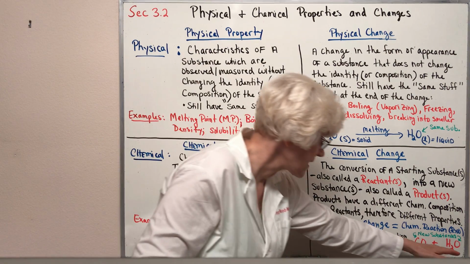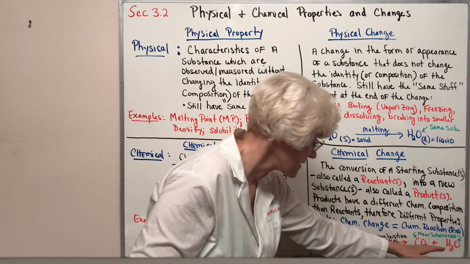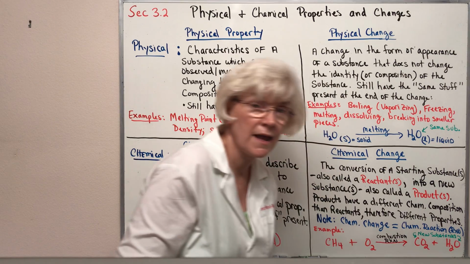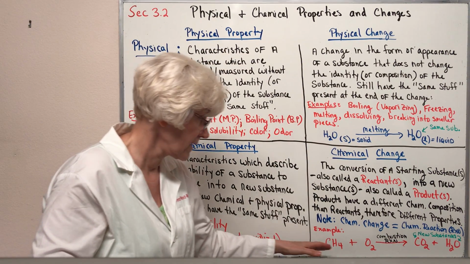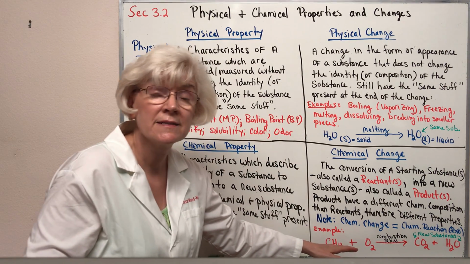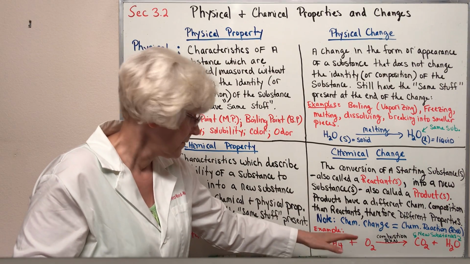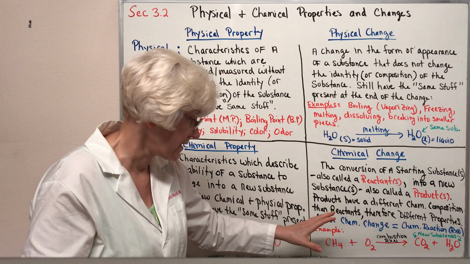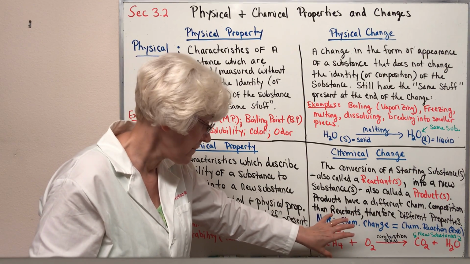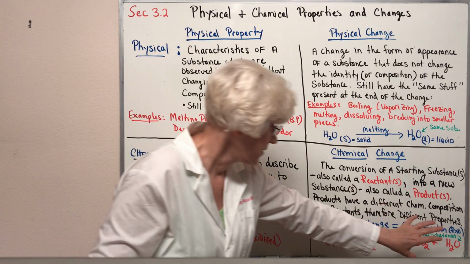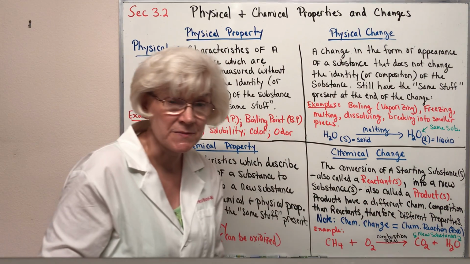So we form new substances, new products, carbon dioxide and water. Last thing I want to do before I leave this example is to note that it is not balanced, meaning that we haven't accounted for starting atoms and made sure that they are equal to ending atoms.